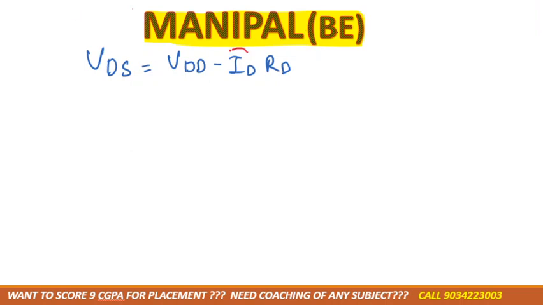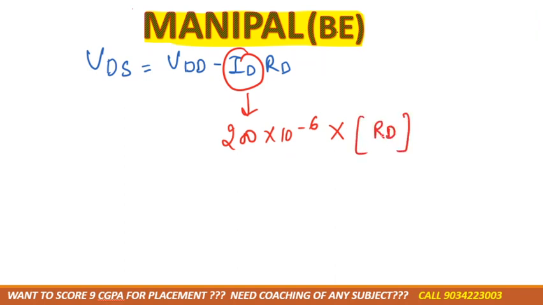Whatever value we get, we have to use it here. 200 microampere means 200 into 10 raised to power minus 6. Okay. RD we need to calculate. VDD we don't know. VDS we don't know. Let's calculate it.